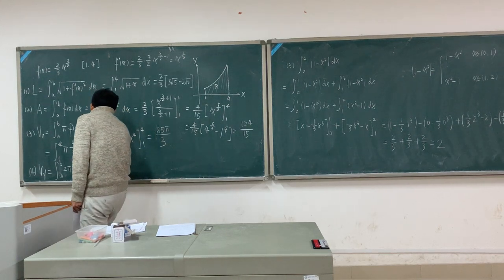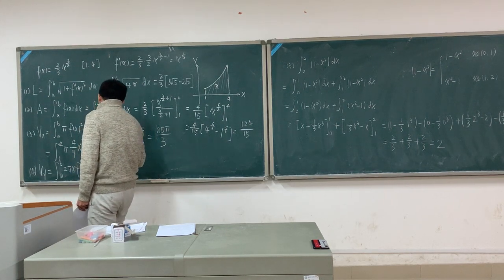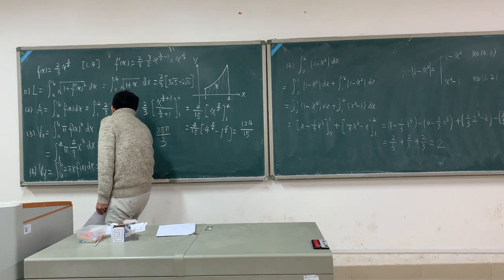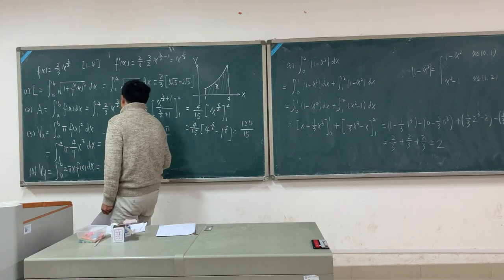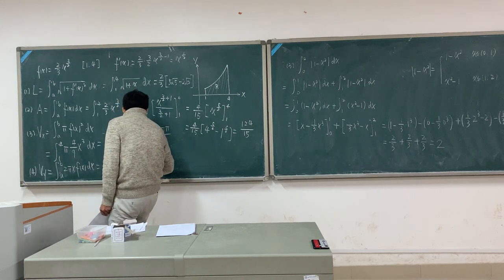So here the result is from 1 to 4 of 2 pi x times (2/3)x^(3/2) dx.